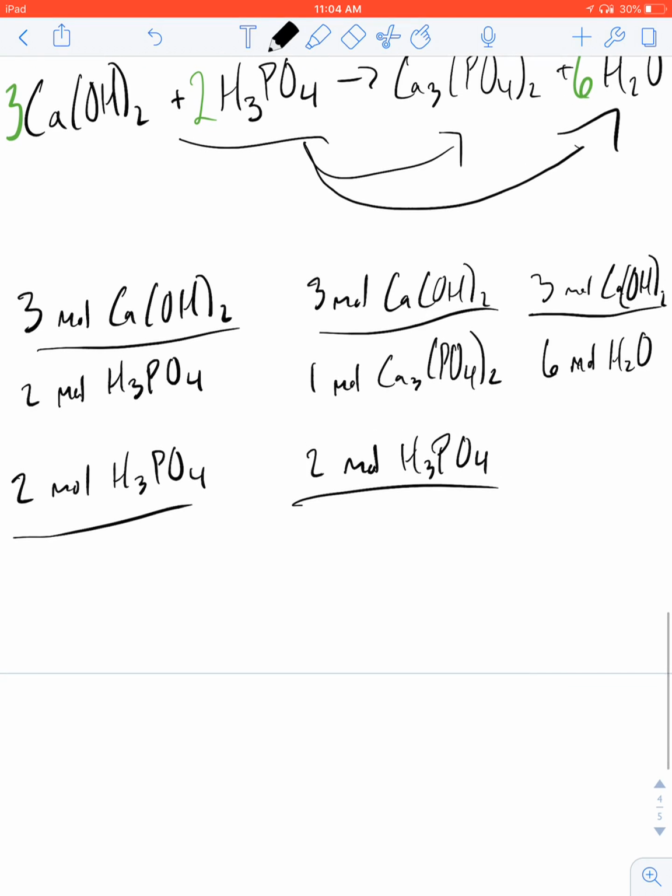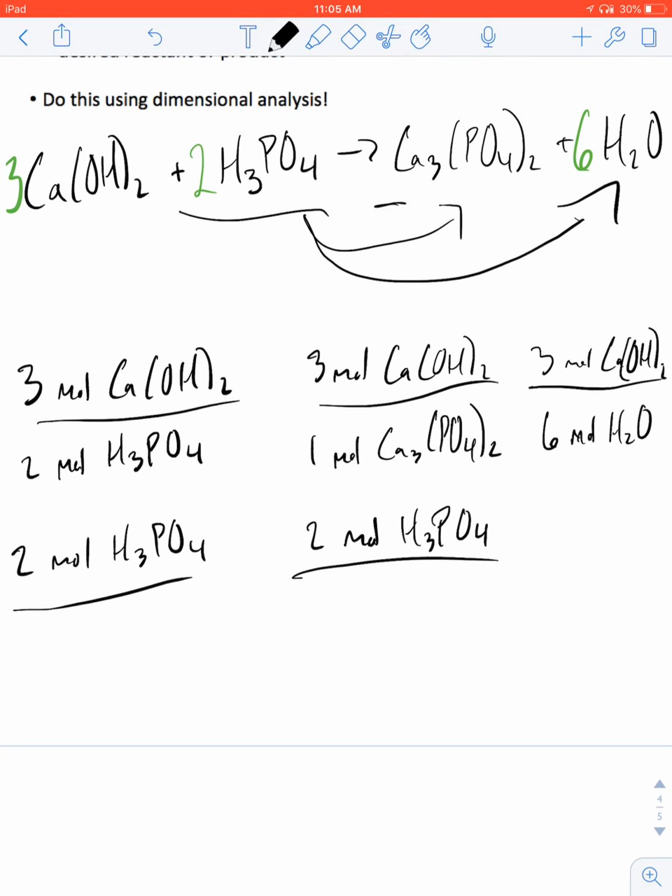Anyways, continuing on, looking at the next component, calcium phosphate, 1 mole. The last component, H2O, 6 of those. Righty, that looks pretty good.